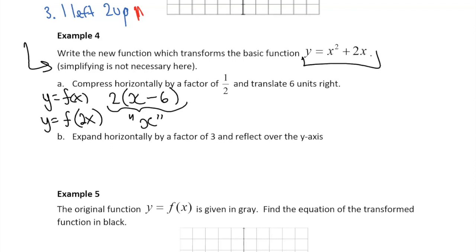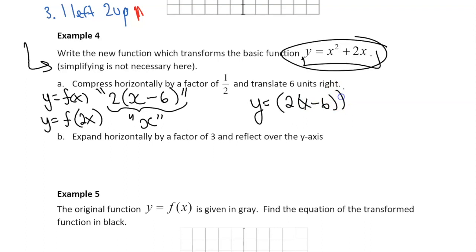So take a look at what that would look like when we take the function y equals x squared plus 2x. Wherever there's an x, we're going to replace it with 2x minus 6. So we would have y equals bracket, and it'll look like that.